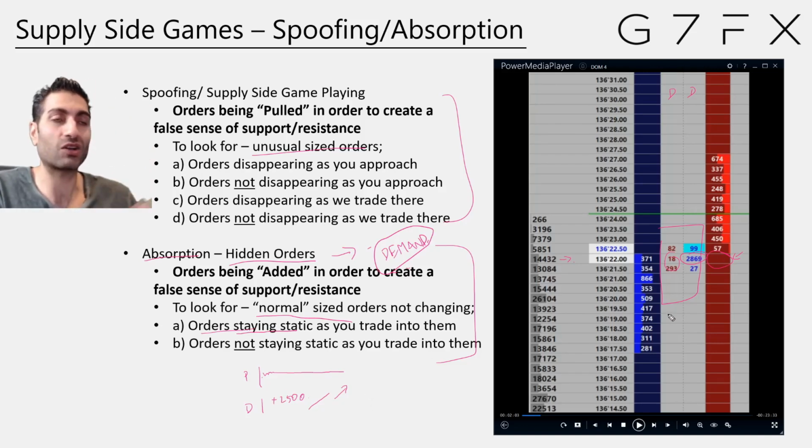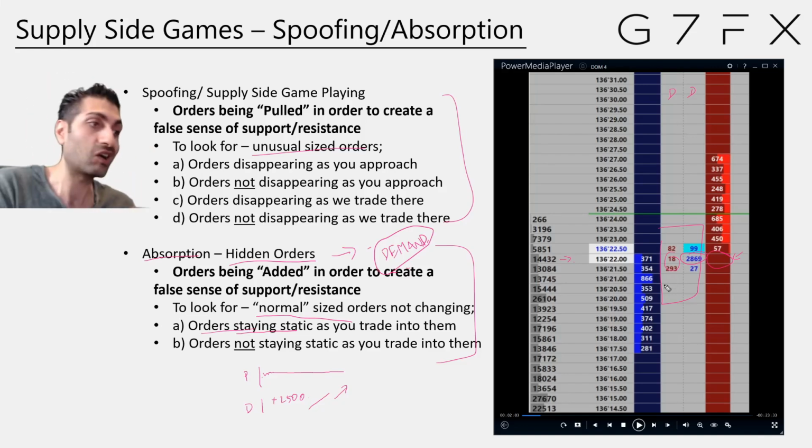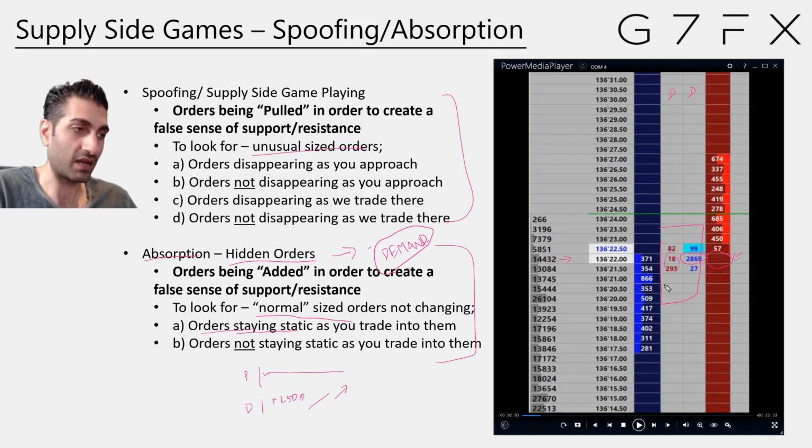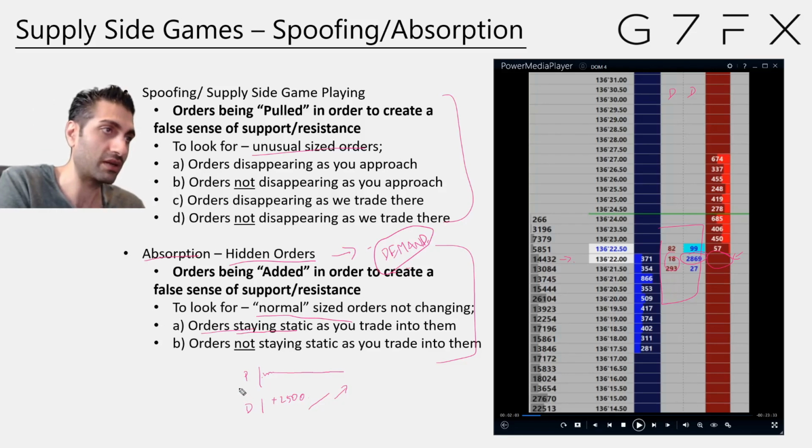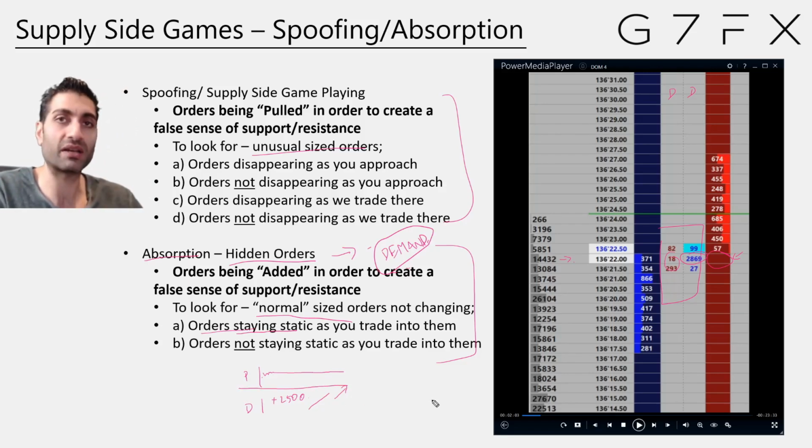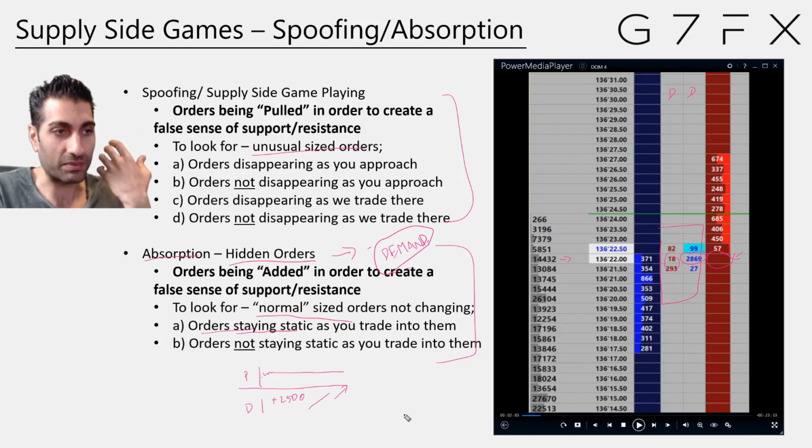So I've learned over time to see absorption without having to sit here staring at this. I can now spend my time much more efficiently looking at other factors, loads of different factors which I'm going to introduce, and this I can just see on my chart. So again, if that's confusing, don't worry about it. When we get into the pro course and introduce cumulative delta, you'll see it.